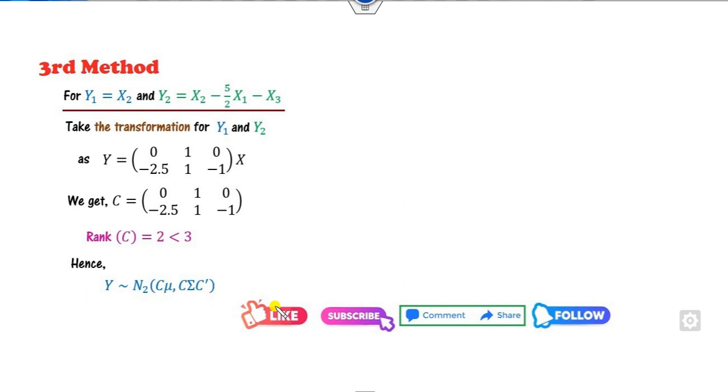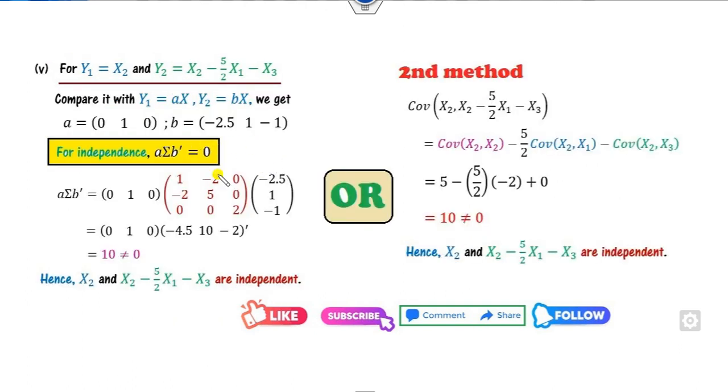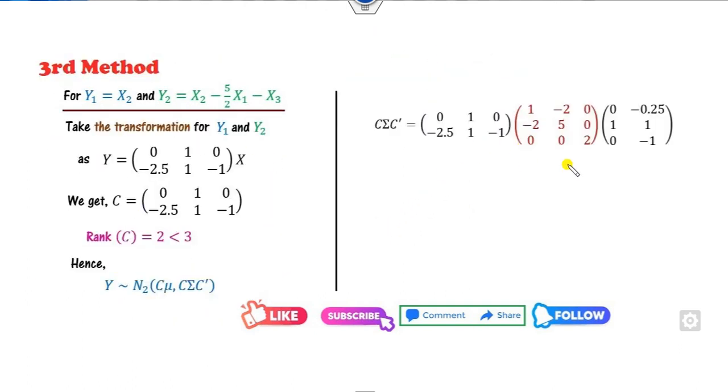Now, since we are talking about the independence nature, we simply have to check the covariance matrix of y. So I can substitute this value. This is my C, and I can take sigma from this value. And I can substitute this value here. Now can you multiply them? It's 0, minus 1, 1, 0, minus 1.